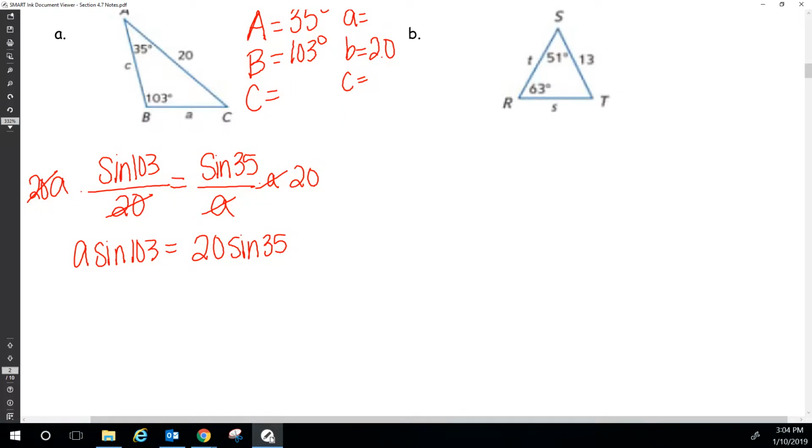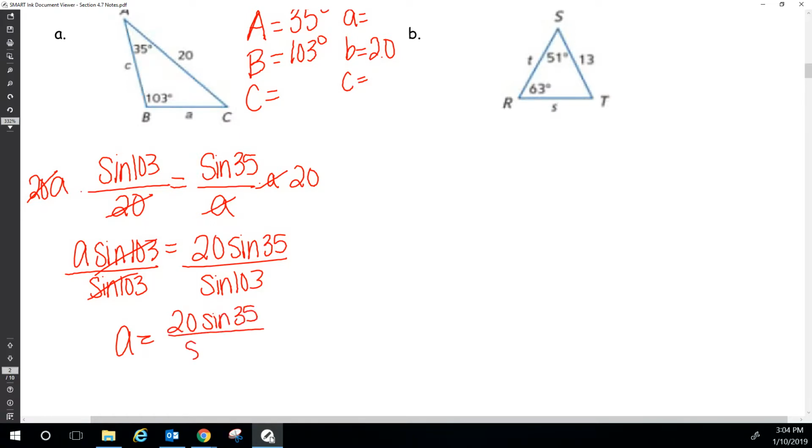And we're solving for a, so we're going to divide this by sine 103, so that they cancel, and now we get a on this side. On this side we have 20 sine 35 over sine 103. And that's what we're going to plug into our calculator to find a, which I've already done, and for little a you should get 11.8.